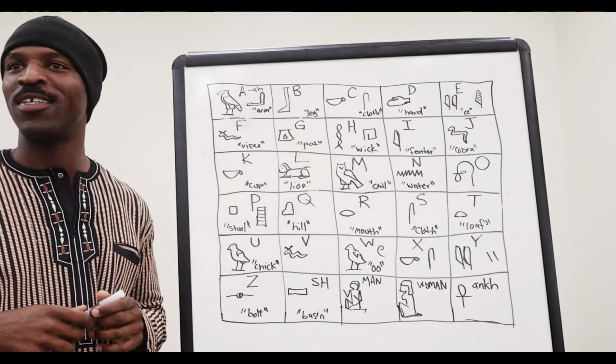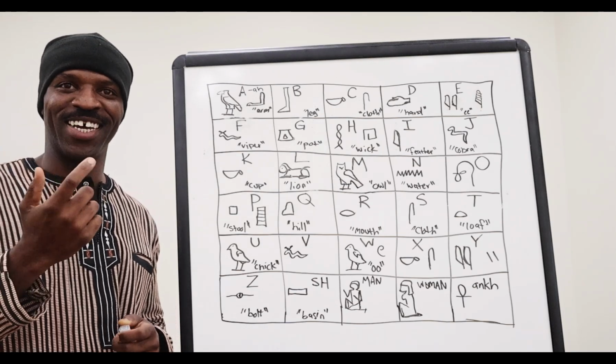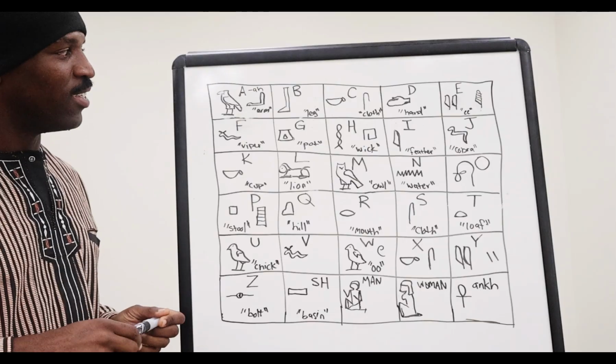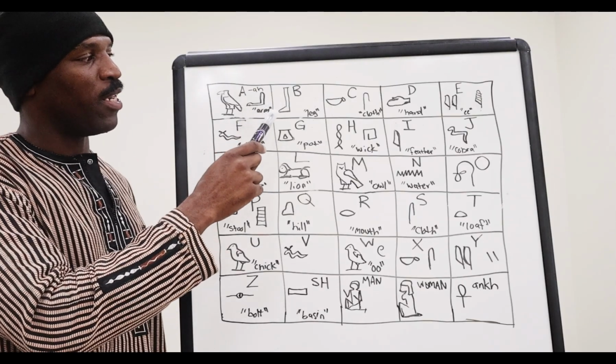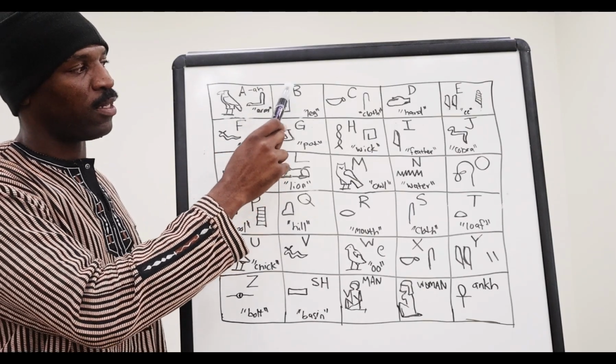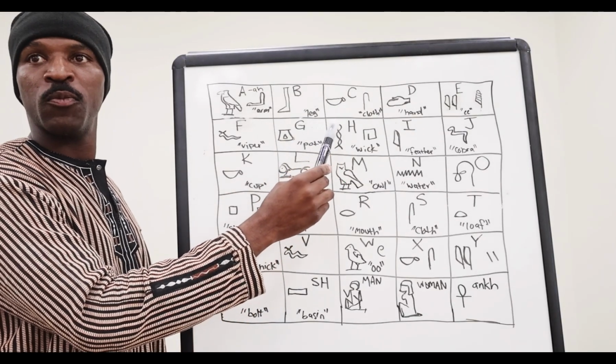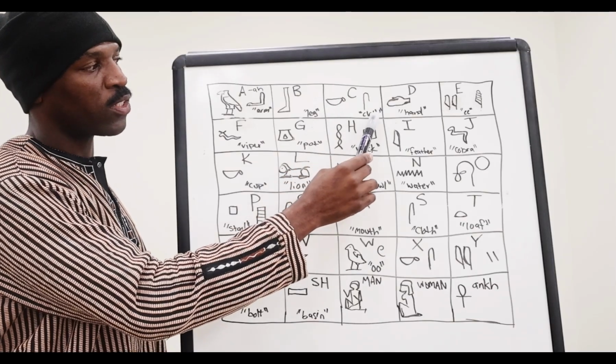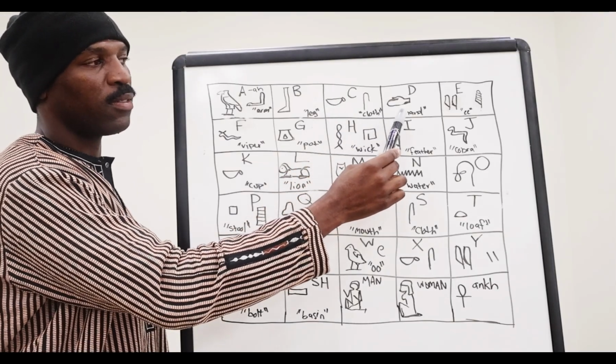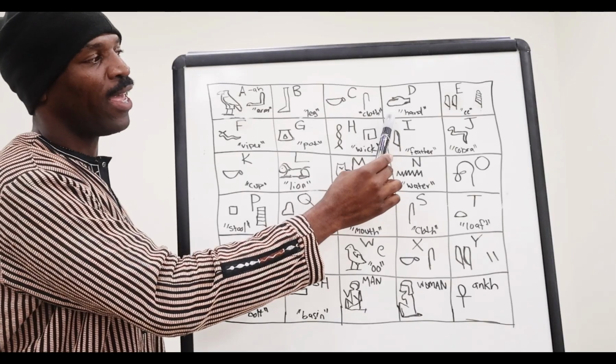I would have spent all day if I had to draw this up here, so I took the time to write it. All right, B was represented by a leg here. You can see the leg. C, the sound K, was represented by a cup, also a cloth here. D, represented by a hand.